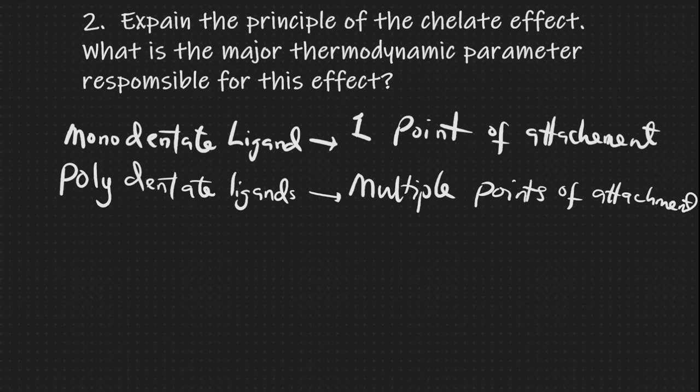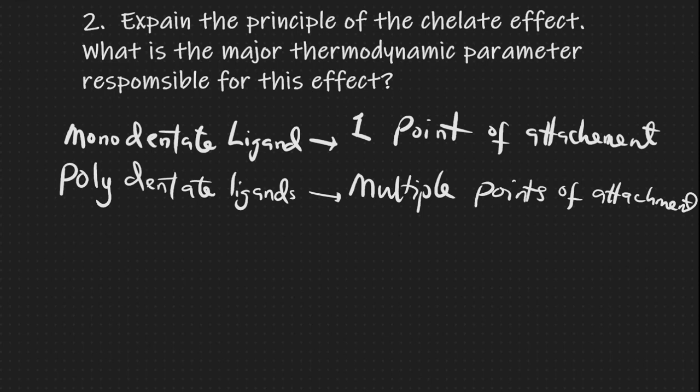These chelating ligands have higher affinity for a metal ion than the monodentate ligands, and that makes them very stable. They have strong affinity for the central metal ions.